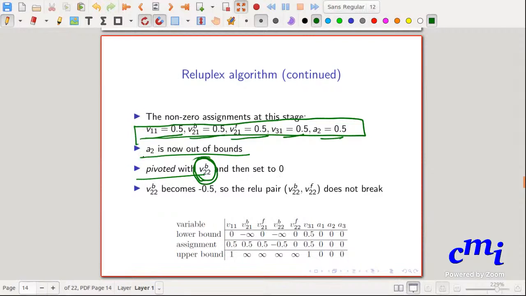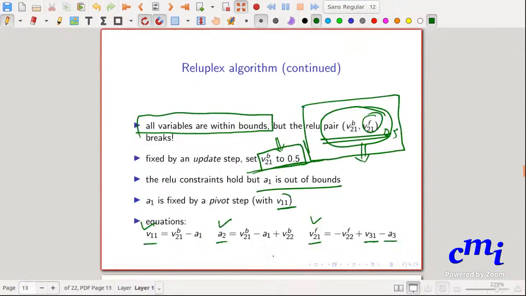So you set A2 to 0, but in order to set A2 to 0, you decrease VB22 by half. So VB22 now becomes minus half, which is clear from here.